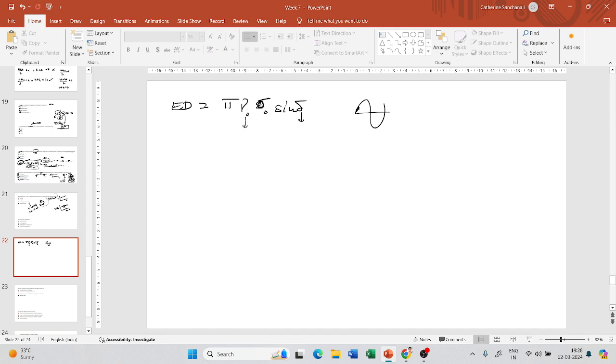This is the amplitude of the strain waveform, and this is the amplitude of the stress waveform, and this is just pi.